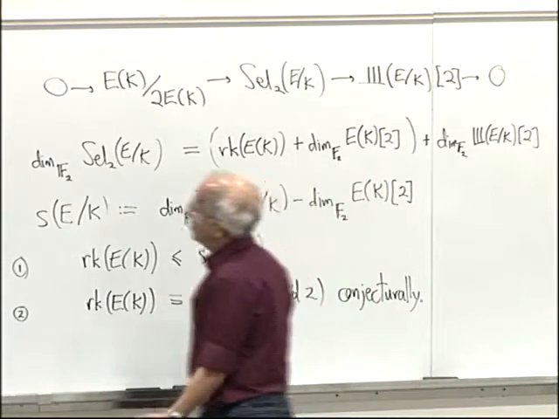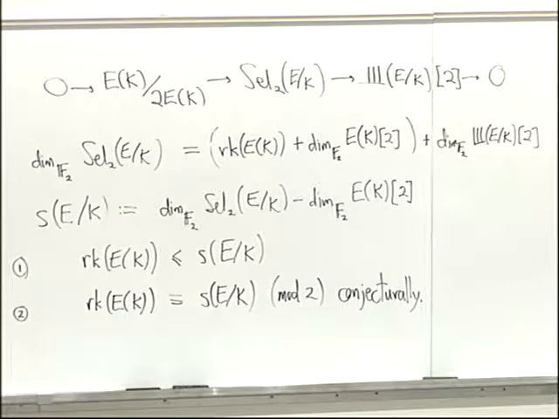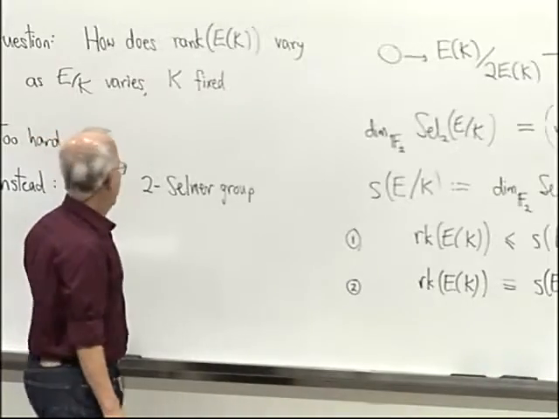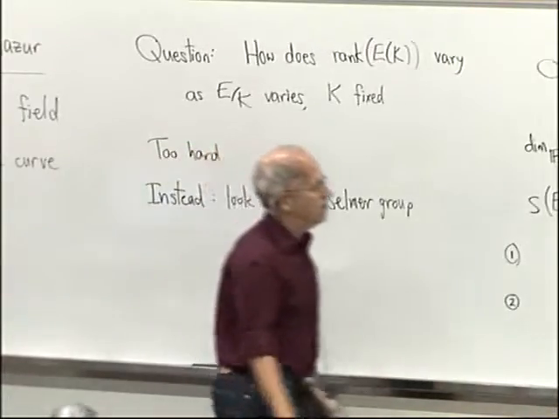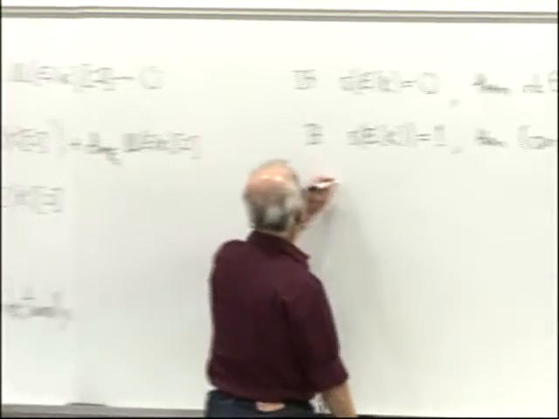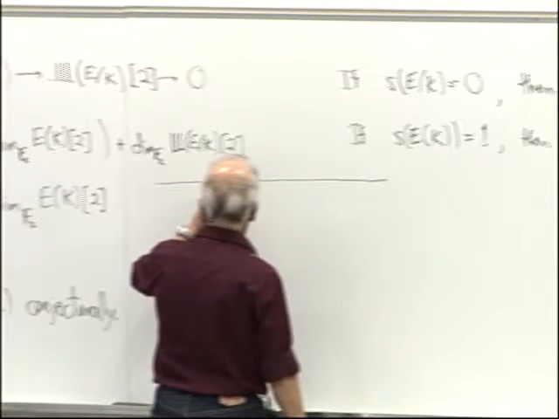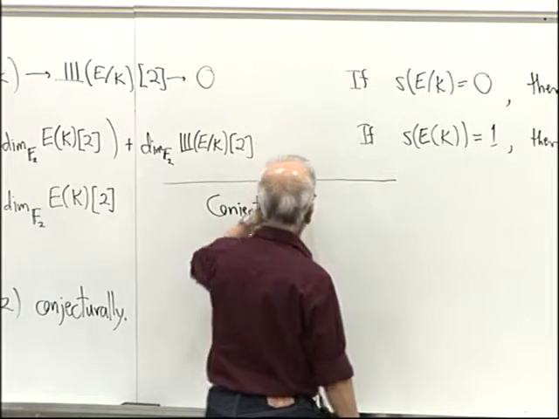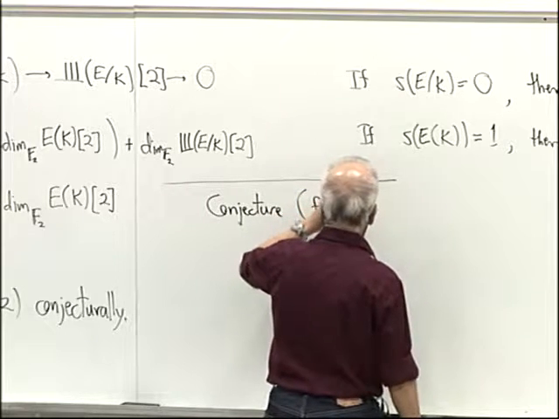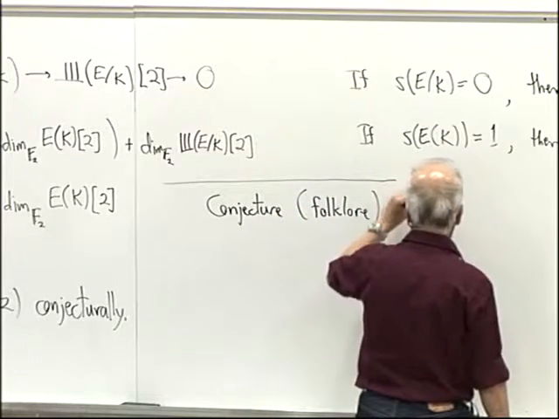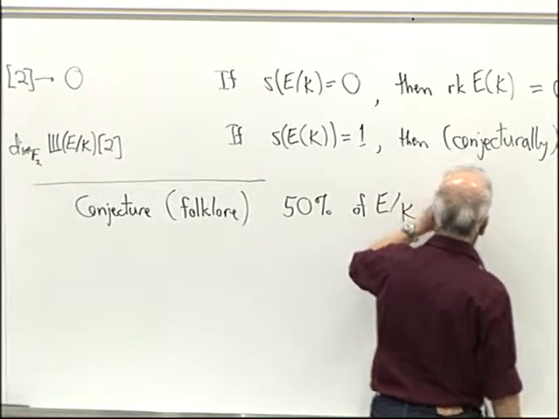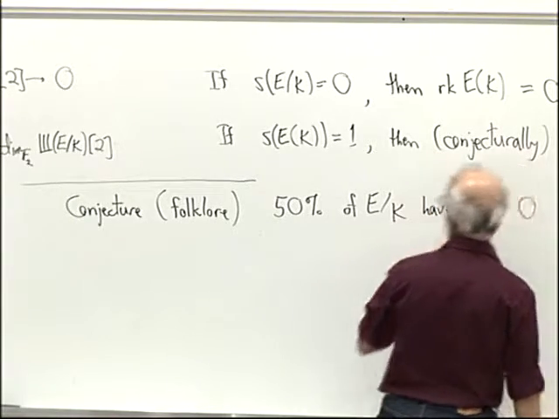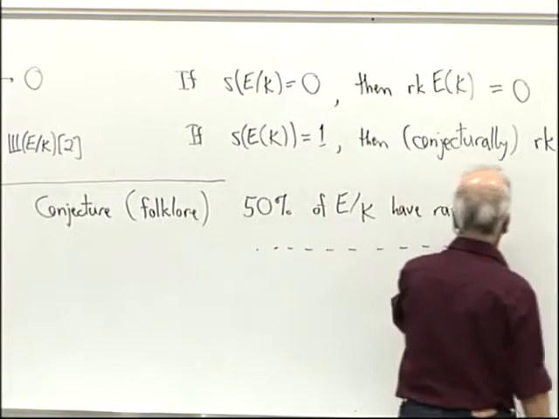Okay, so we can ask the same kind of question here. How does the Selmer rank vary as the curve varies? Okay, that turns out to be much more tractable. So first of all, I guess I should have said back here that there's a sort of folklore conjecture that 50% of elliptic curves over K have rank 0, and 50% have rank 1.